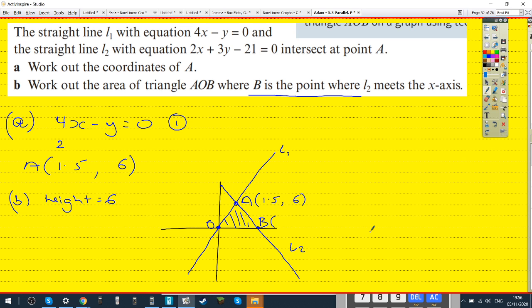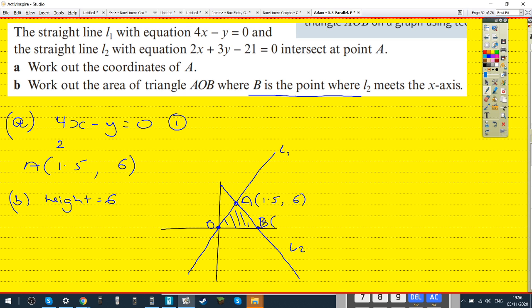So if y is 0, can we put that into an equation? Which one? 4x minus y equals 0? That will give you the origin.